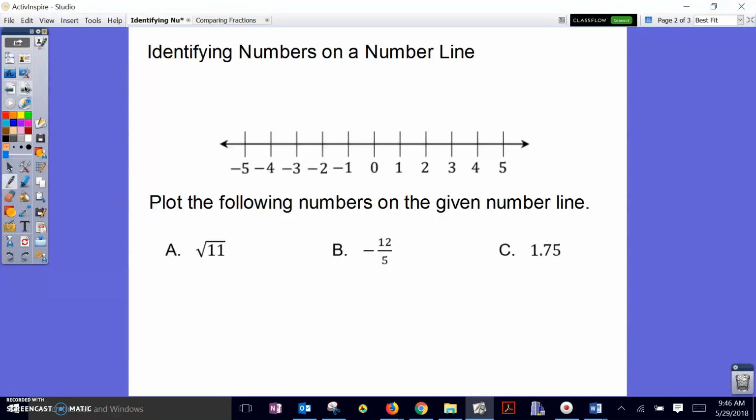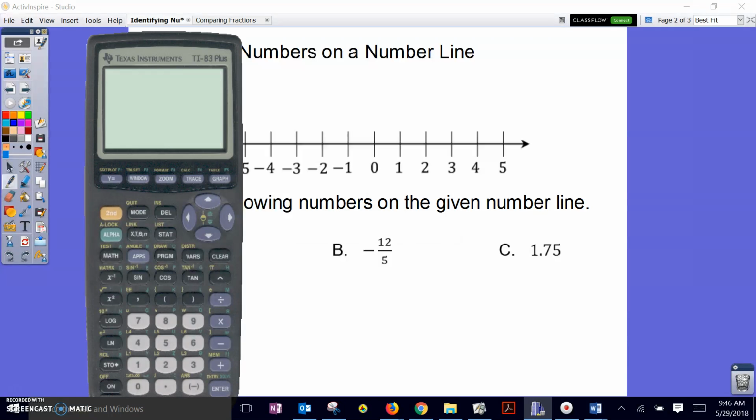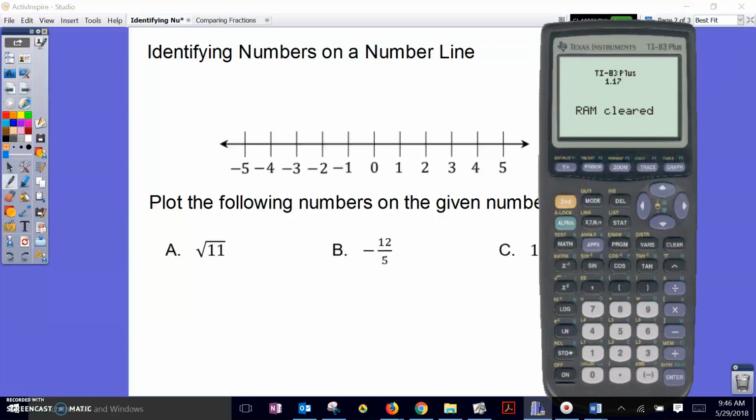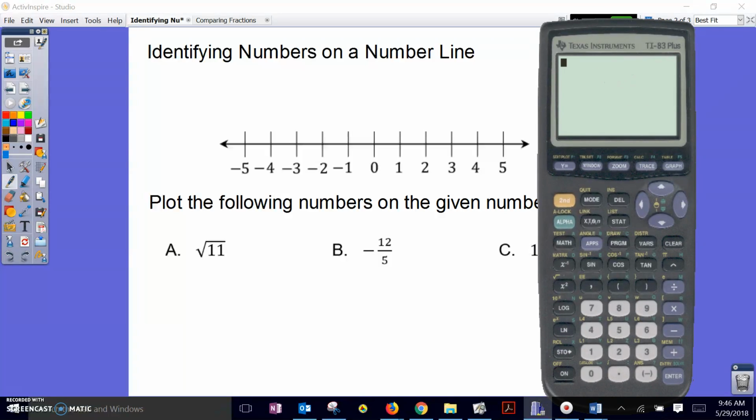Now, where exactly does it fall in between 3 and 4? Well, we're going to have to estimate. I could use some basic estimation techniques, but we are going to definitely use our calculator to find the decimal approximation for the square root of 11 to give us a better idea of where that number should be plotted.